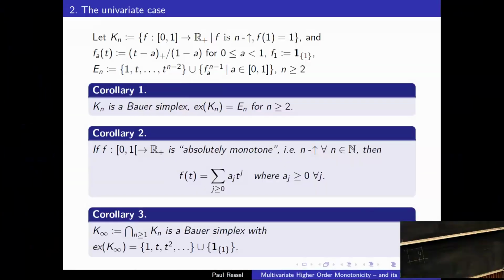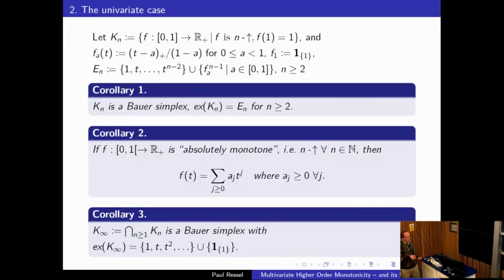Okay. Then this Kn is a Bauer simplex. That means it is a compact convex set in a Hausdorff topological vector space, a locally convex space, where the Krein-Milman integral representation is unique and where the extreme points are closed.